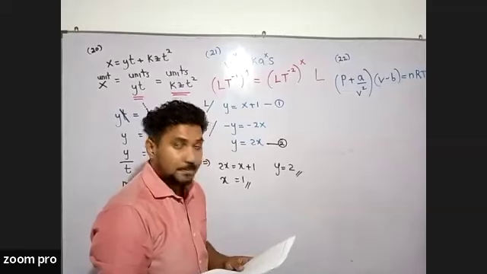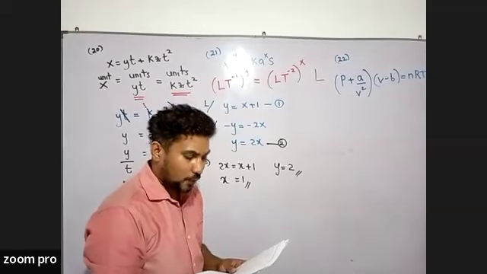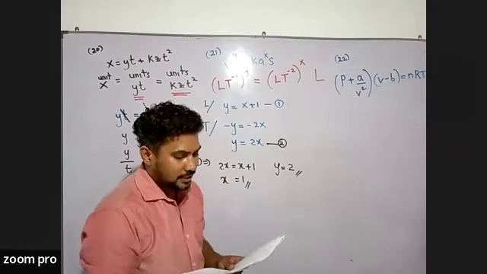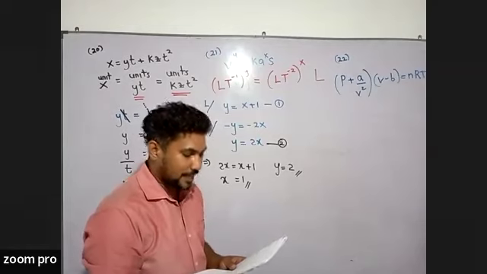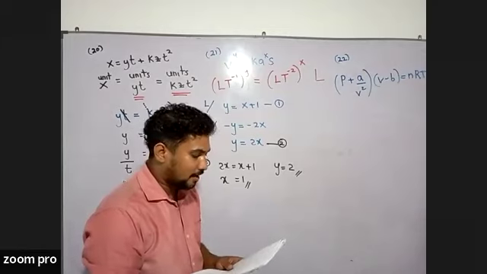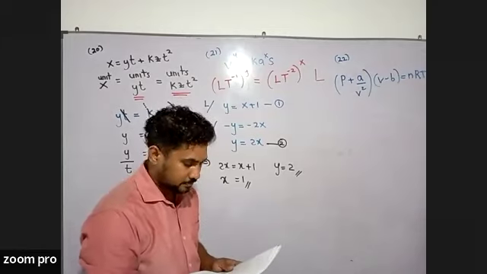Where P is the pressure, V is the molar volume, and T is the absolute temperature of the given sample of gas, and A, B, and R are constants, right?